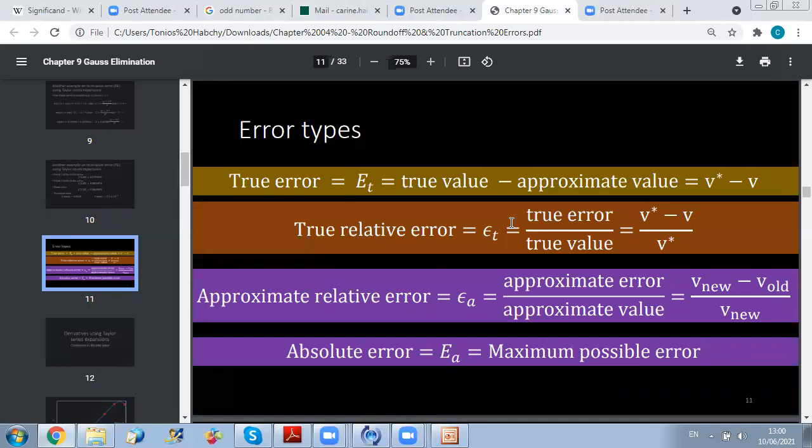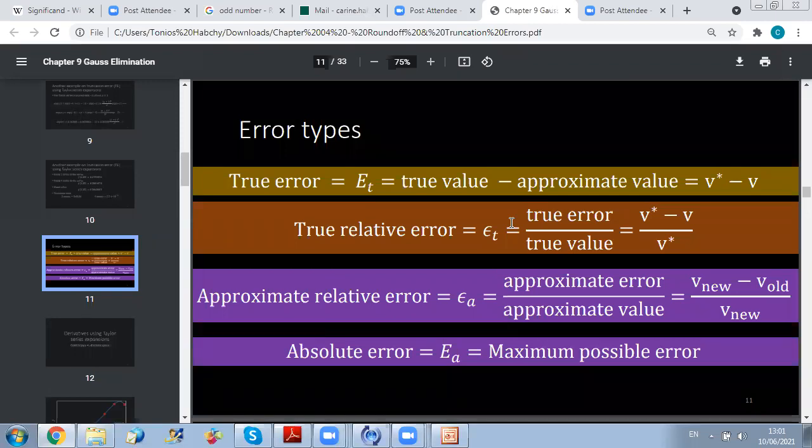Now, as we said, sometimes we are not able to calculate the true value. So if we have a problem where the exact solution is not known and we can only solve it numerically, and we want to get an approximate relative error, then we should base ourselves on something else. What we do in this case is that we know that in numerical techniques, we get the solution by iterations.